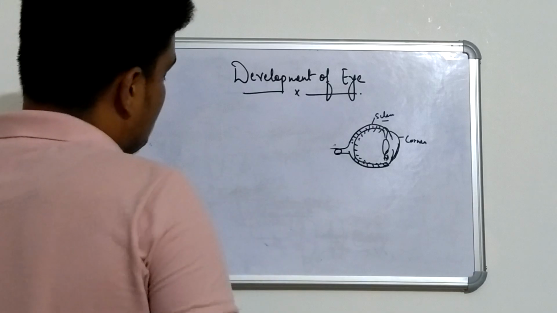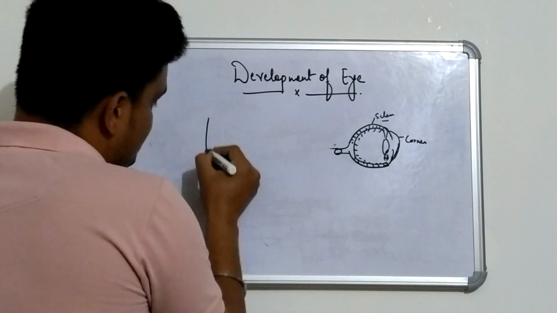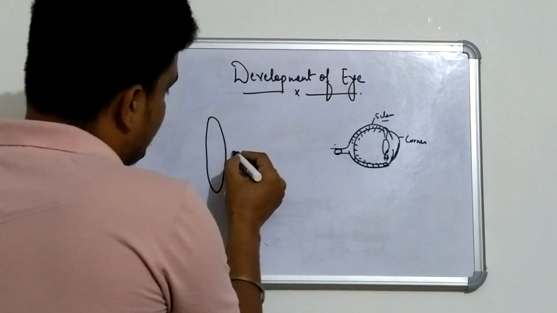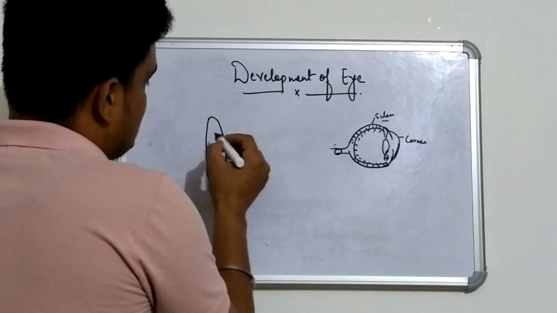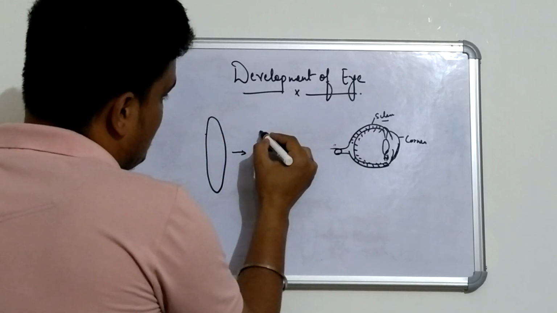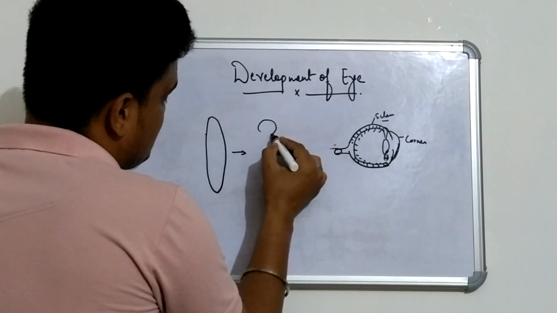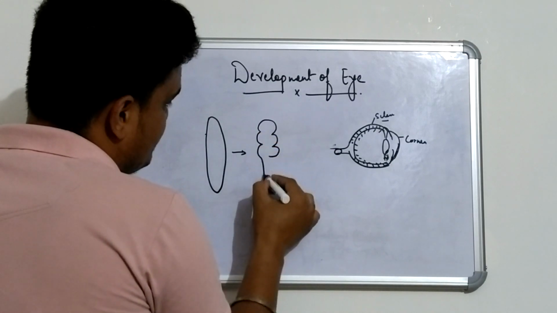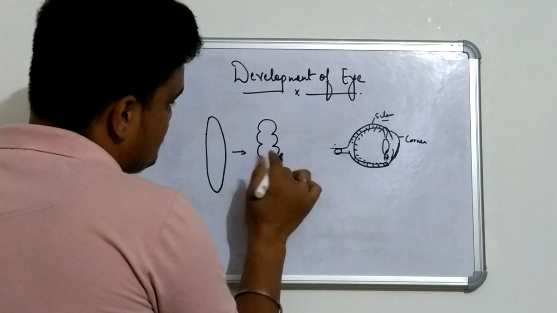Now, the neural tube goes through a process in which there is a formation of 3 bulging areas of the neural tube.